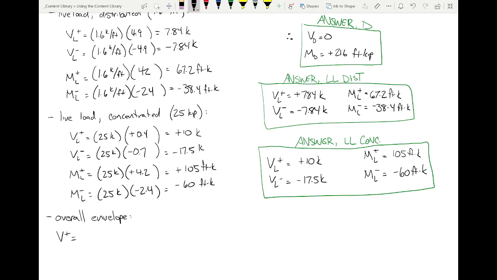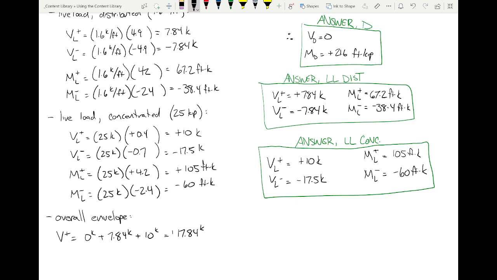But what else do I need to consider? That plus 0? Because that's constant, right? So what I need is 0 plus 7.84 kips plus 10 kips. So if the dead load is everywhere and the live load moves, this is the worst case positive shear I can get. Is that fair?